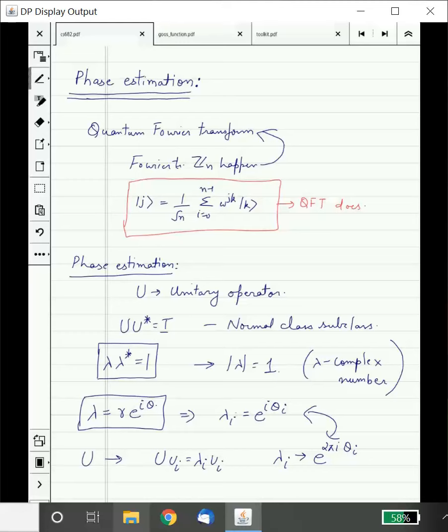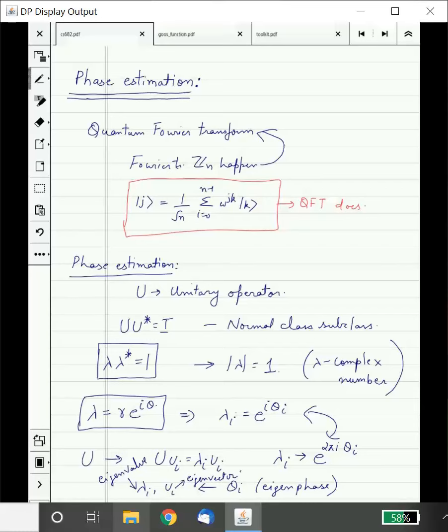Keeping it like this, I can say that theta is the eigenphase of the eigenvalue lambda i or eigenvector ui. These three form a triplet. This is the eigenvalue, this is the eigenvector, and theta is called the eigenphase.